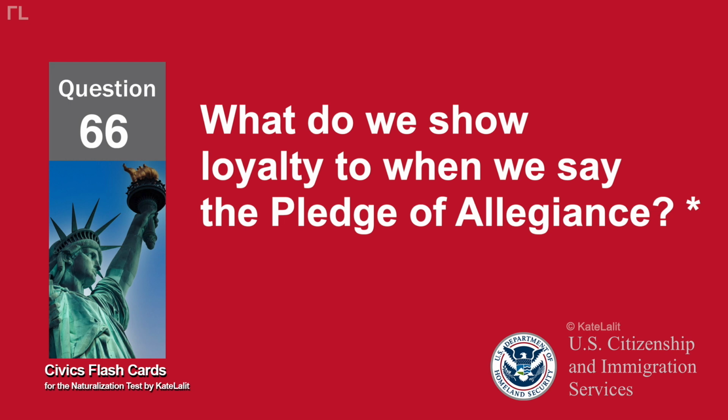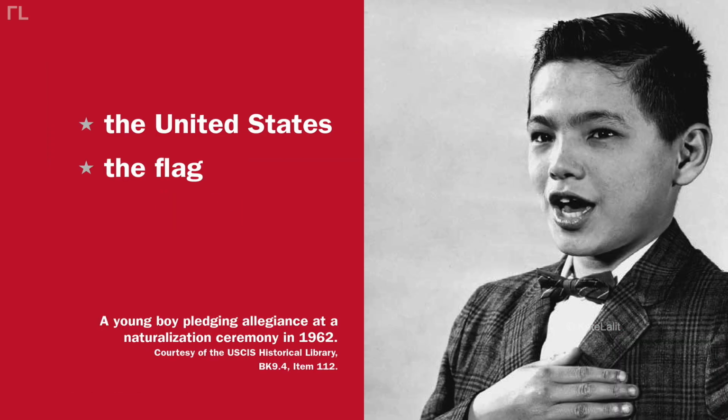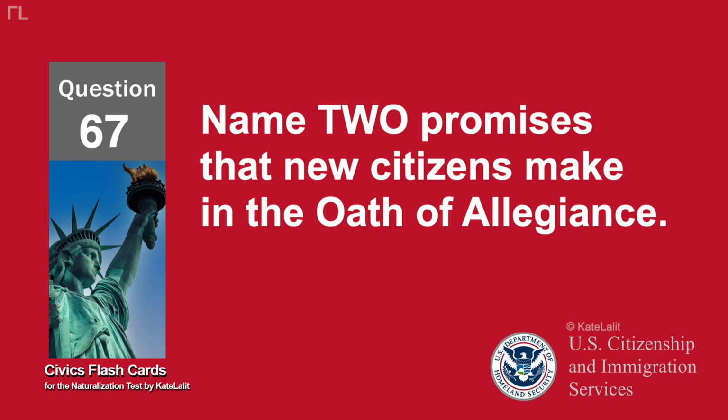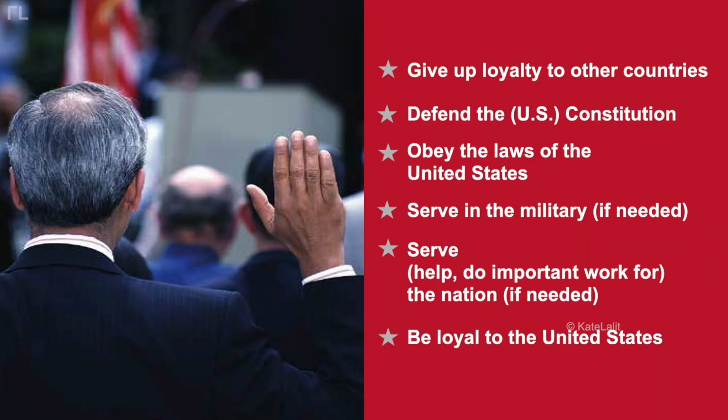What do we show loyalty to when we say the Pledge of Allegiance? The United States. The flag. Name 2 promises that new citizens make in the oath of allegiance. Give up loyalty to other countries.